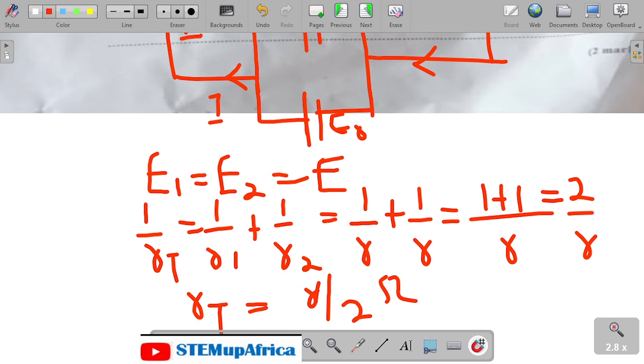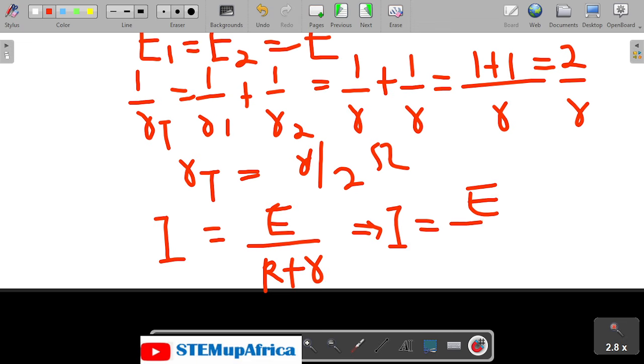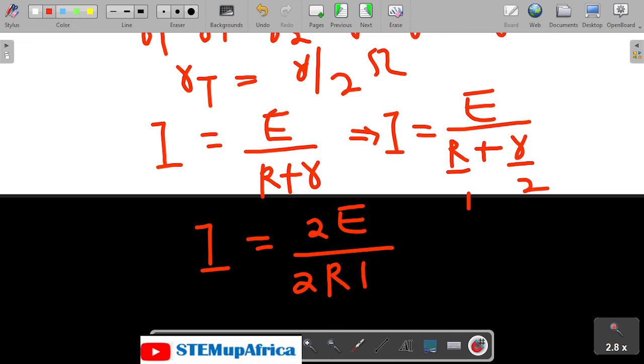With that, I can calculate the current now. I know that I is E over big R plus small r. So I equals E over big R plus r over 2. If I take the LCM and simplify, my I will give me 2E over 2R plus r, in amperes. So this is the expression for the solution.